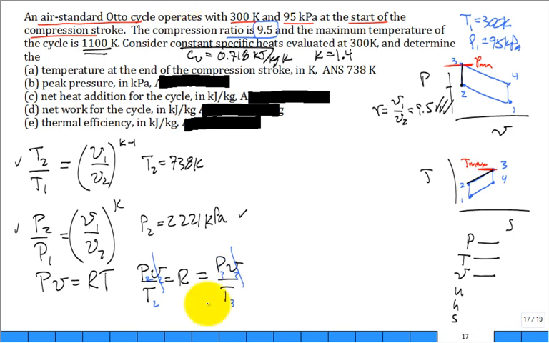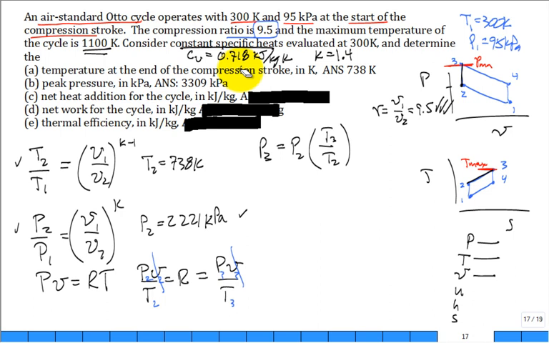So there's my relationship that P3 is equal to P2 times the ratio of T3 over T2. Got it, finally. The two people that had it correct, is that what you used? Yeah. So it's basically ideal gas, constant volume process. Right. So this turns out to be about 3,310 kilopascal.